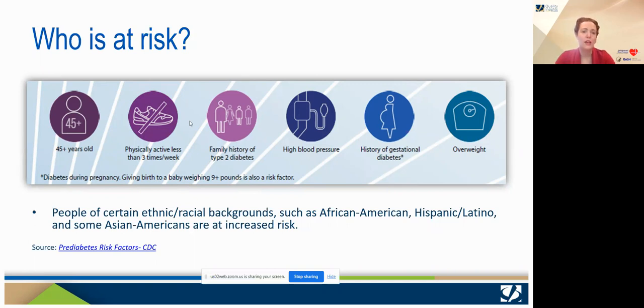We also have some connections to those of certain ethnic and racial backgrounds that can be linked to a higher risk for pre-diabetes.